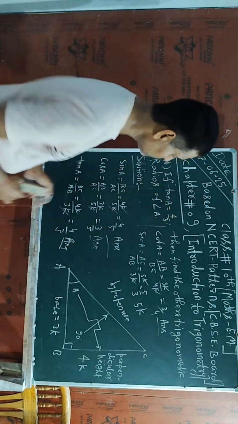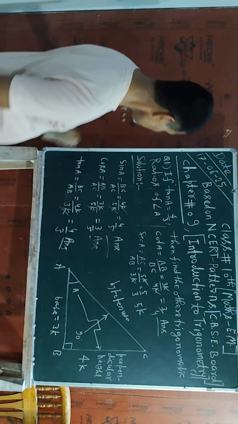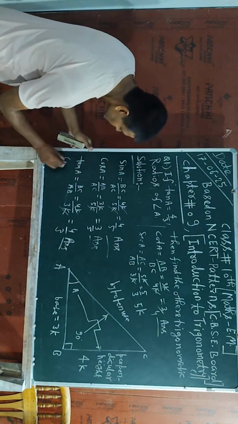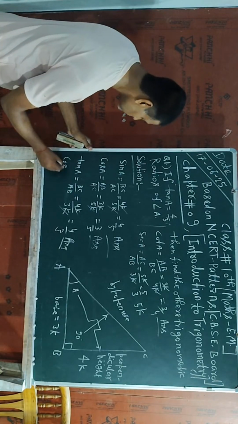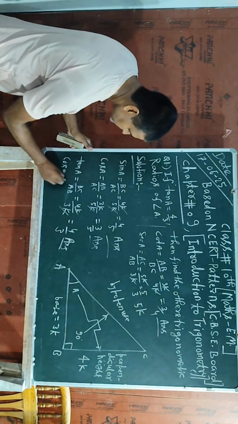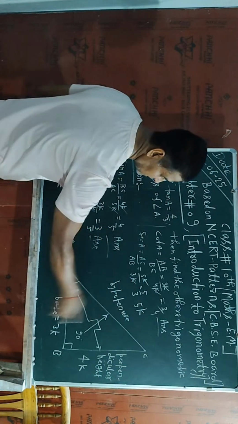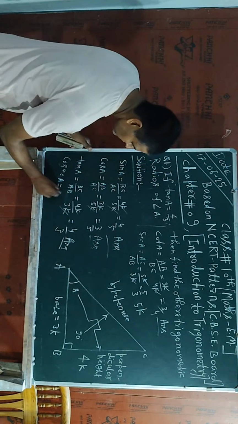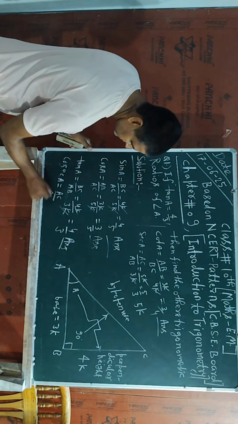Similarly, I will get the value of cosec theta. That is also important. We have to write here cosec A, which is equal to AC divided by BC.